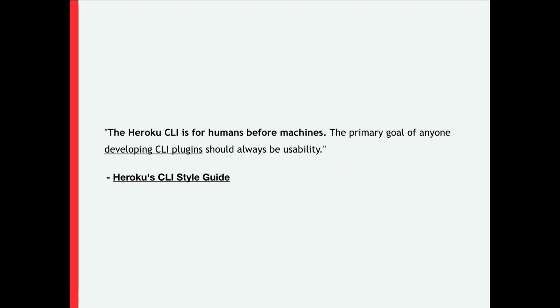I think it applies to every kind of CLI, because although we can chain it with other programs and do other stuff with it, primarily humans are going to be the ones that operate it. So it's very important to have a CLI that is very understandable by humans.